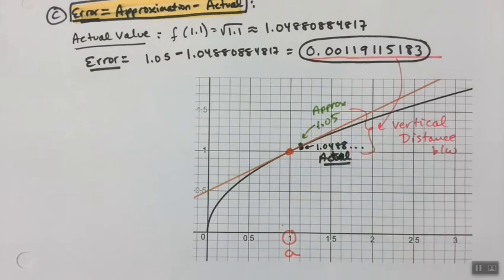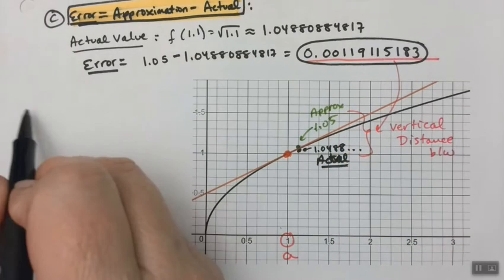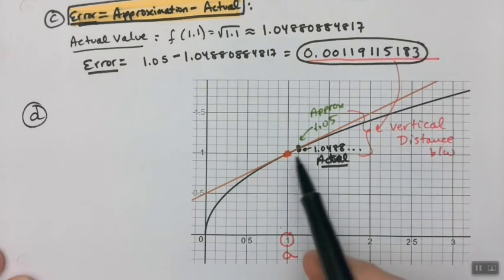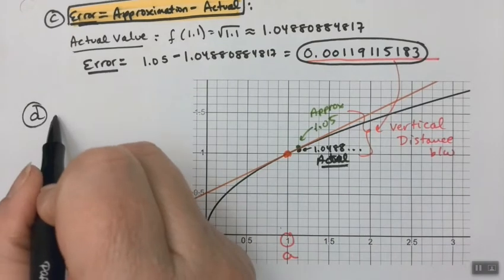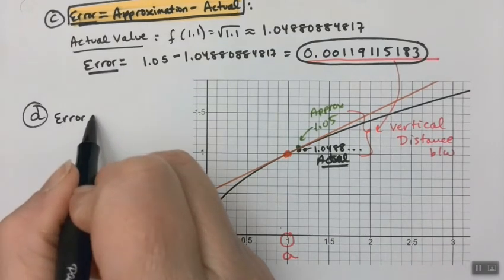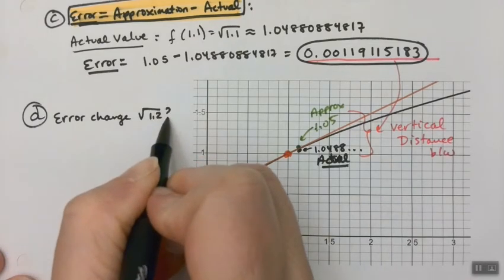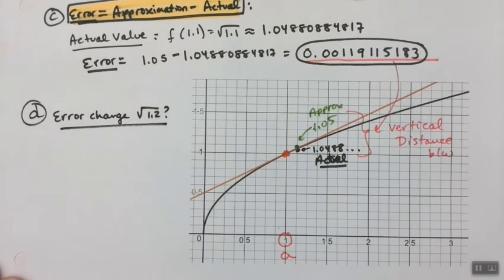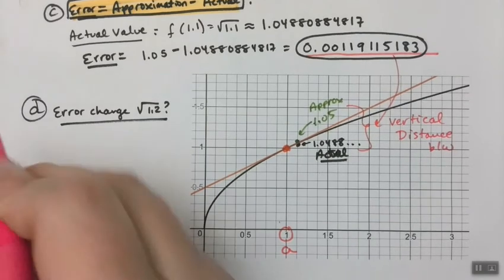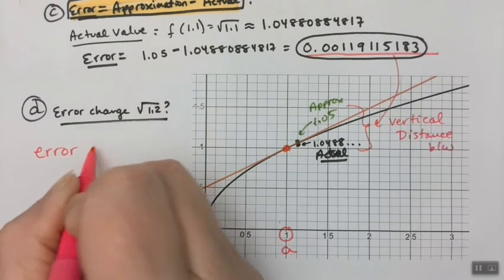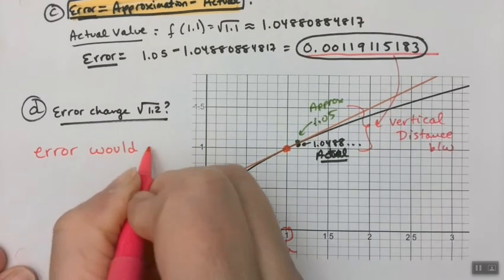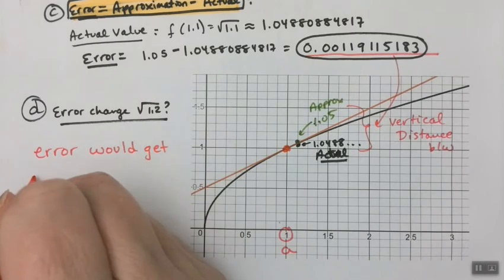Right? So letter D says, how would this error change if we went to 1.2? So, error change for the square root of 1.2? And the answer is that the error would get worse, would get larger, which of course is worse for error.